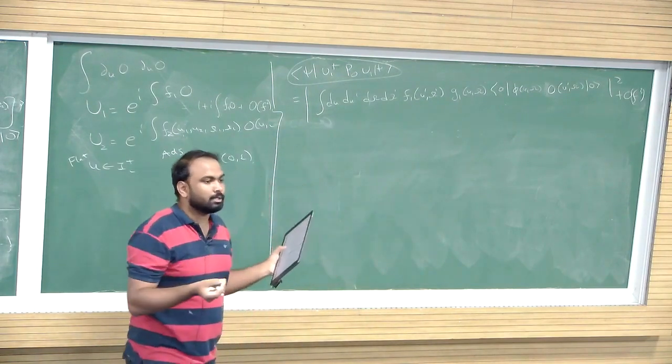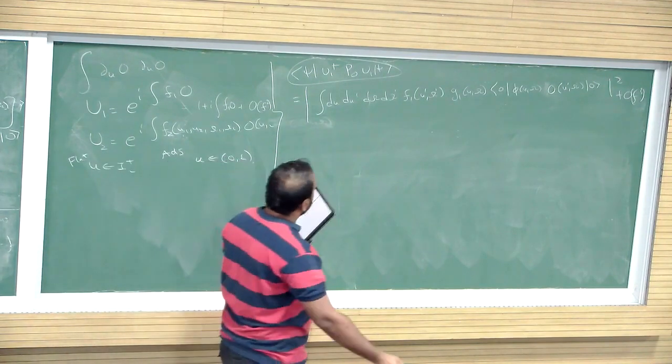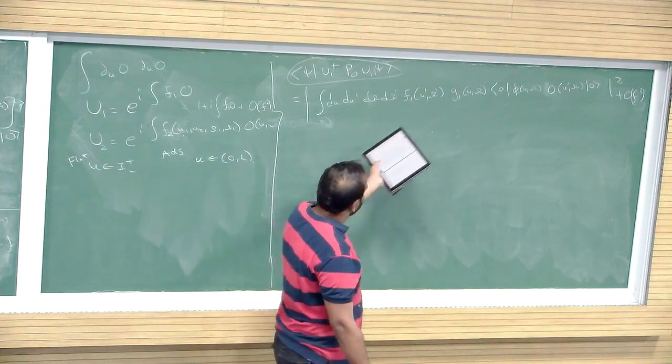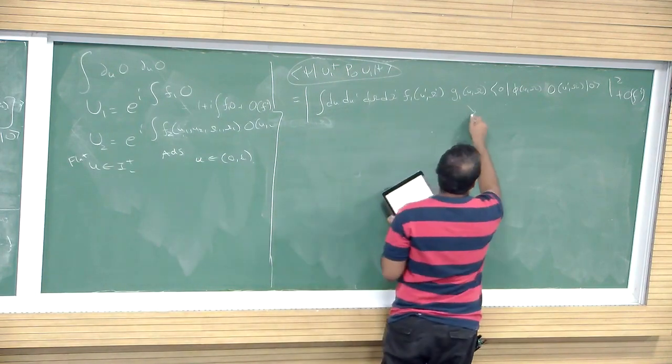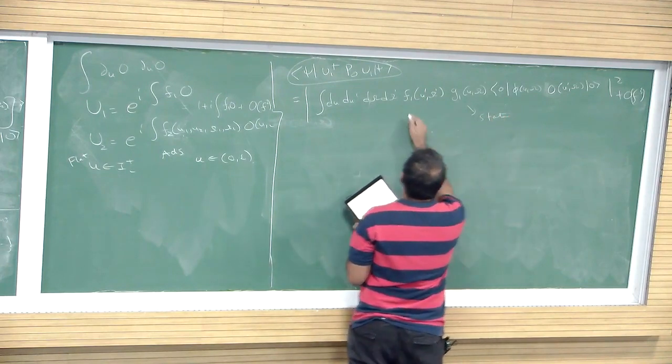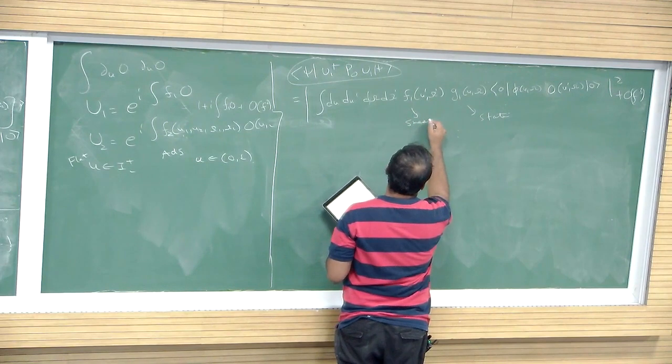So it's always a number. And the object on the right-hand side should eventually tell us what these functions g are. These are the things that depend on the state, and these are smearing functions up to the observers.